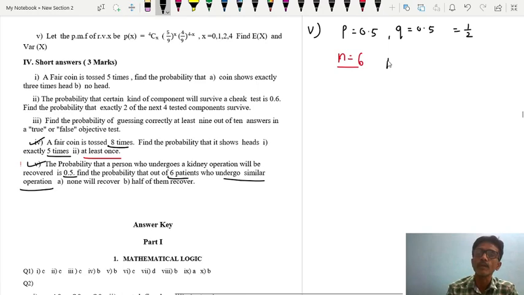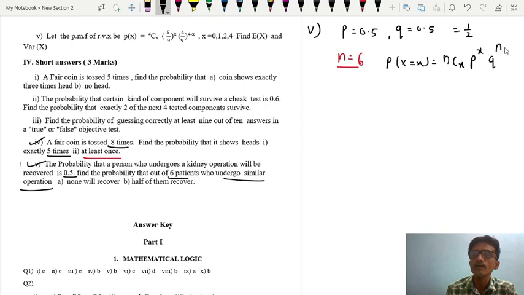So first we construct the formula. Probability P of x is equal to nCx p raised to power x into q raised to power n minus x.